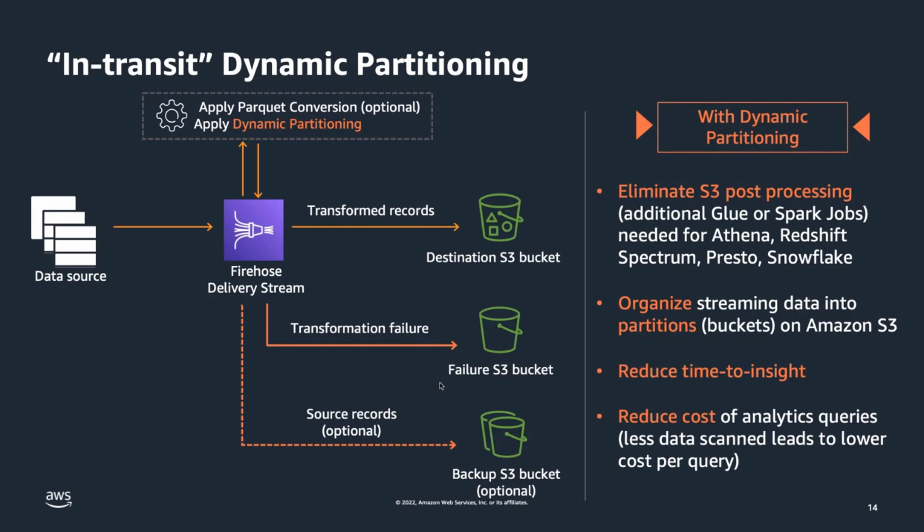The benefit of doing it on Firehose is it's inline. You don't waste any time when the data reaches the destination. It happens inline, so you reduce the time to insights. Also, there is no additional cost from running Glue or Spark jobs. That consumes extra cost and it consumes extra time until you get analysis of your data.